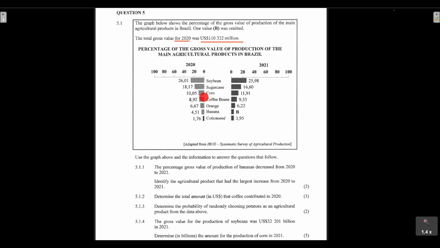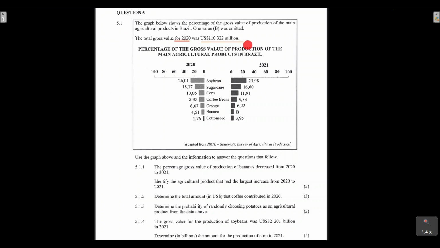The percentage of corn in 2020 was 10.05. That is how we're going to go about interpreting this information that is given to us. It represents the percentages. So how do you think we would go about determining how much gross value was obtained from the production of soybeans?